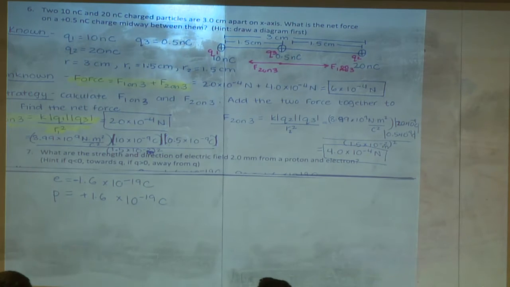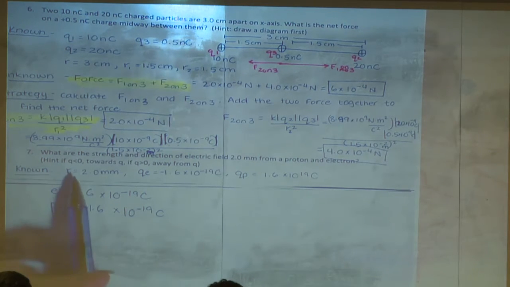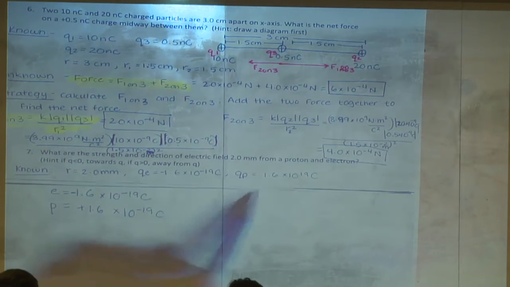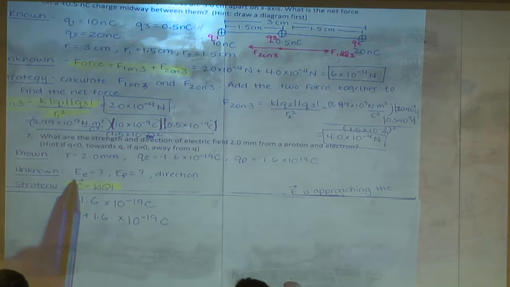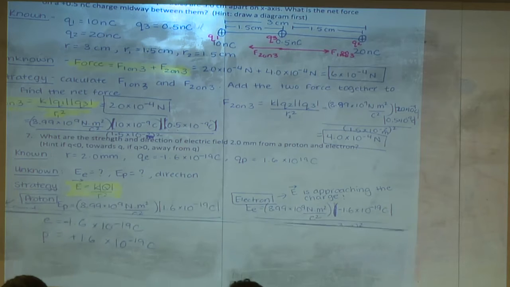All right, so let's dive into the math part. We have the distance from the charge to the electric field, which is 2 millimeters, and we also know the charges. The unknown is the electric field of the electron and proton. Direction, we already covered that. Okay.